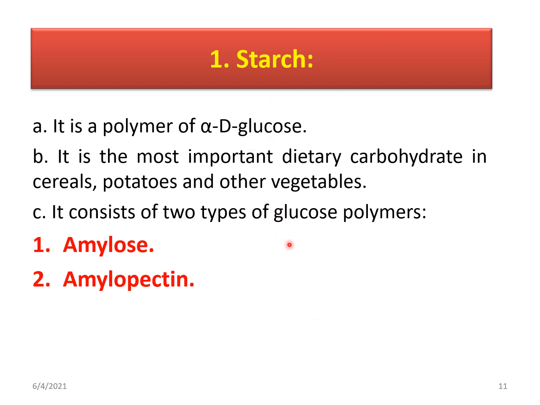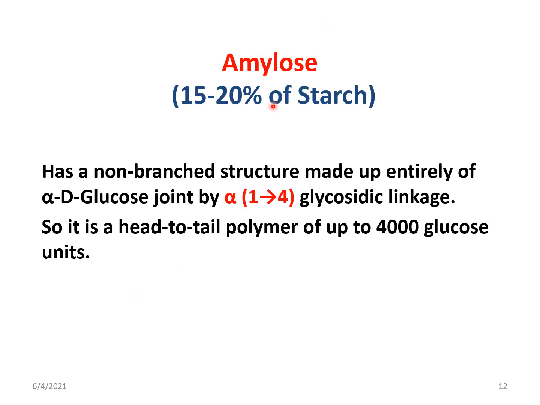Chemically, starch consists of two types of glucose polymers. The non-branched one, the amylose, and the branched one, the amylopectin. The non-branched part of starch, which constitutes around 15 to 20% of starch, is a non-branched structure made up entirely of alpha-D glucose.